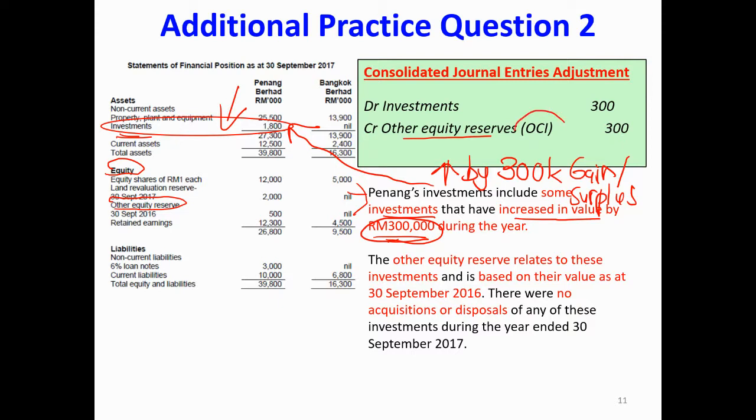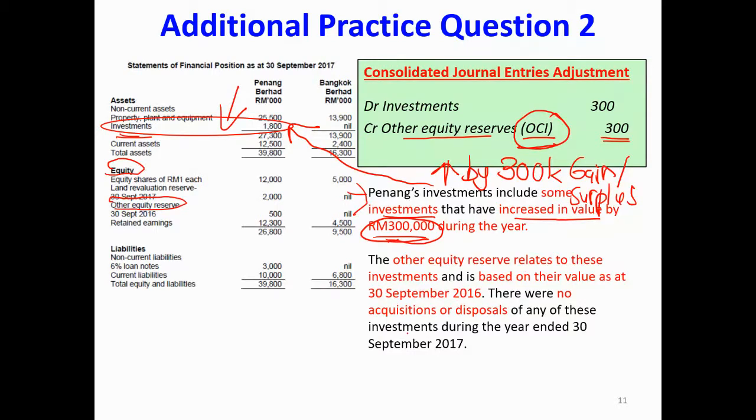Take note, your revaluation gain, you would have to show it at the OCI part in your consolidated statement of comprehensive income. So don't forget, later when preparing consol P&L, you have to show this 300K as well. Okay, students? Okay, very good, students.